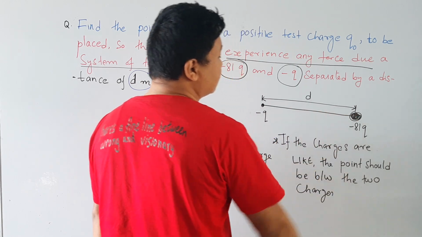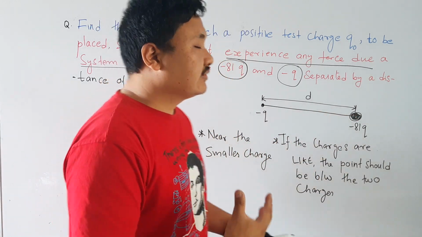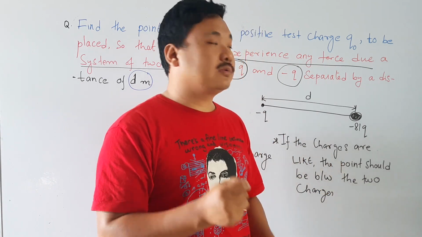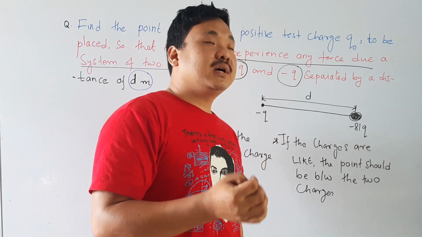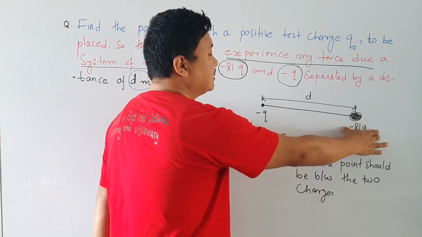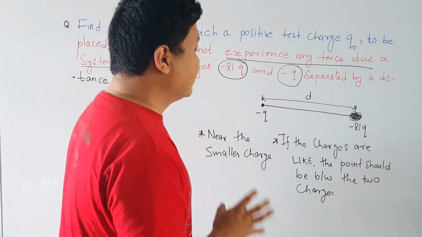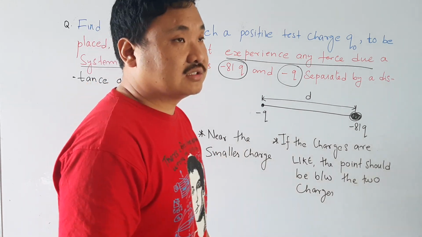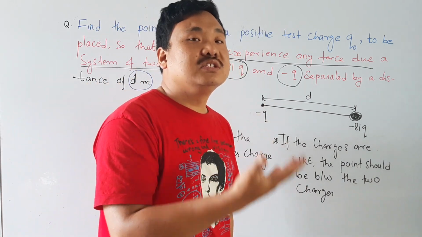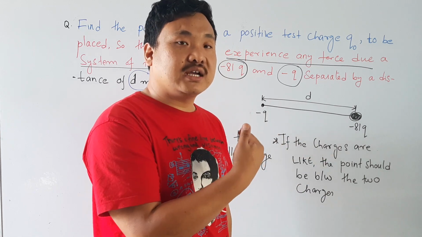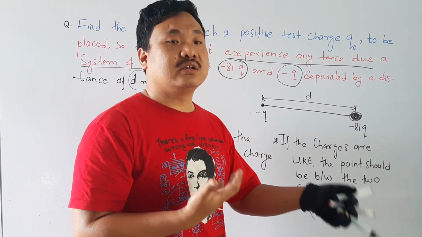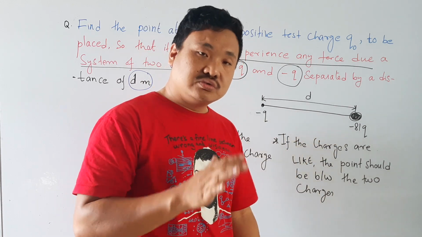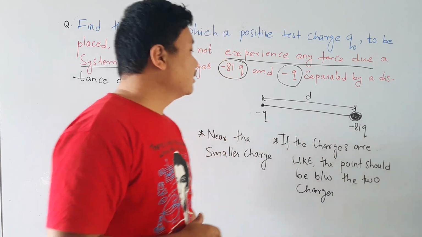If unlike charges, the point should be outside. If like charges, the point should be inside. But inside where, towards the bigger or the smaller charge? The point is near the smaller charge, same as before. In the first case also it was near the smaller charge, but outside because of unlike charges. Here also the point should be inside, between the two charges, near the smaller charge.